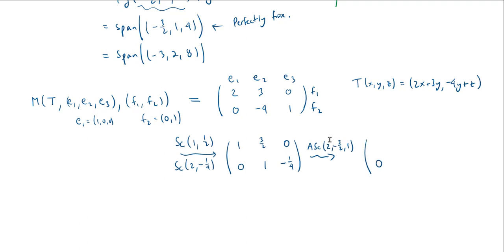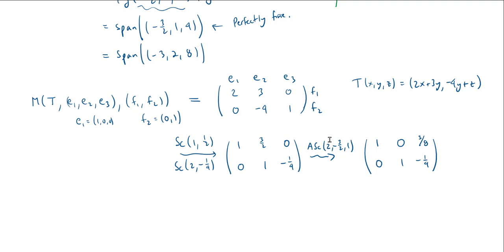We'll still have 0, 1, negative 1/4 on the bottom. We'll still have a 1 here, and this will now become a 0. What about this piece here? If we multiply negative 1/4 by negative 3/2, we get 3/8. Then we add that to 0, and we just get 3/8. So this is the reduced row echelon form.